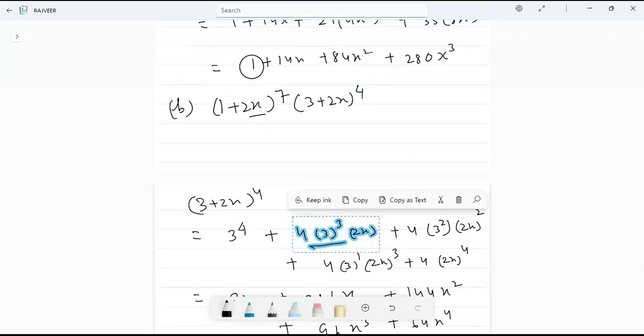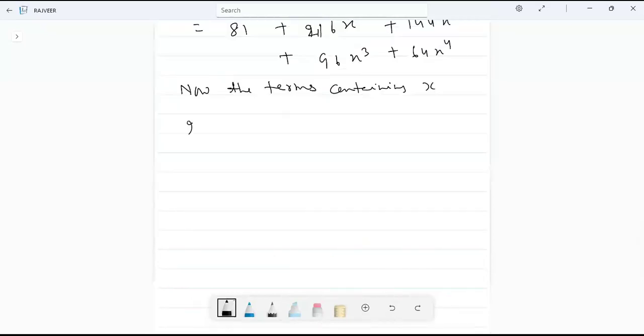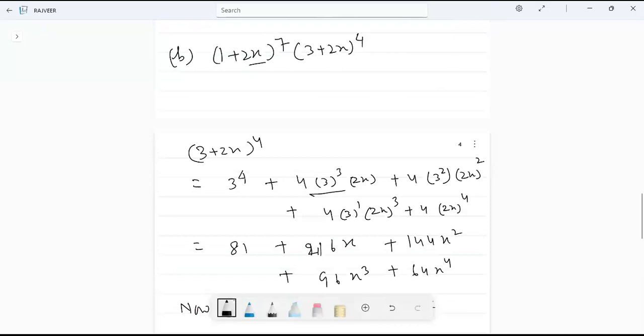So this will be 4 into 3 cube into 2x. That is 216 into 1, so 216x. And now 14x.